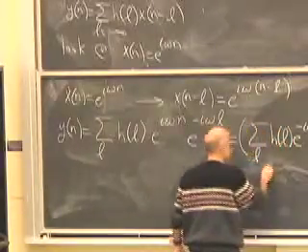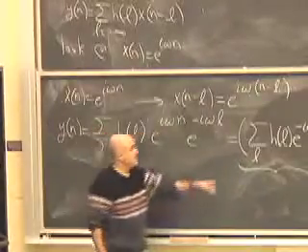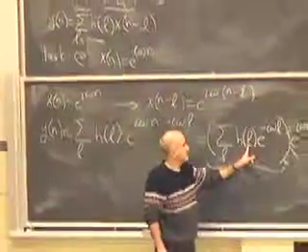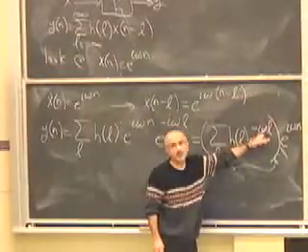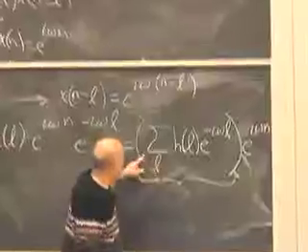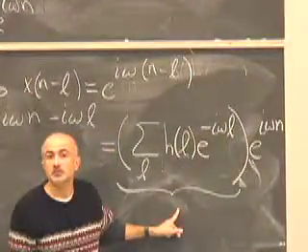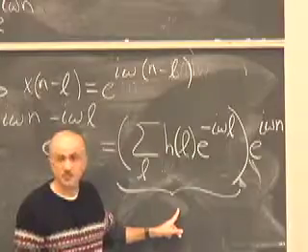Now that's neat. Look at the summation. I have a function of L and a function of omega and L, and I'm summing over all L. What's going to come out of this summation? A function of what? Omega. It's the only variable.